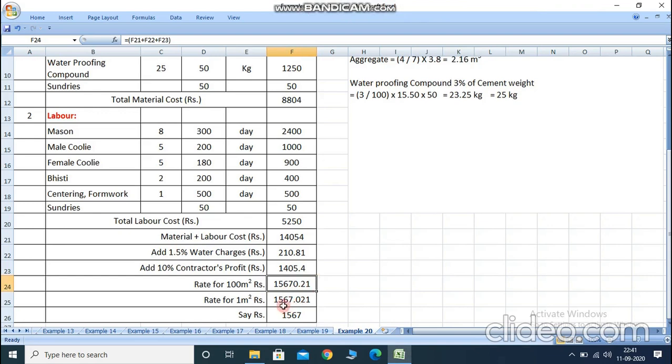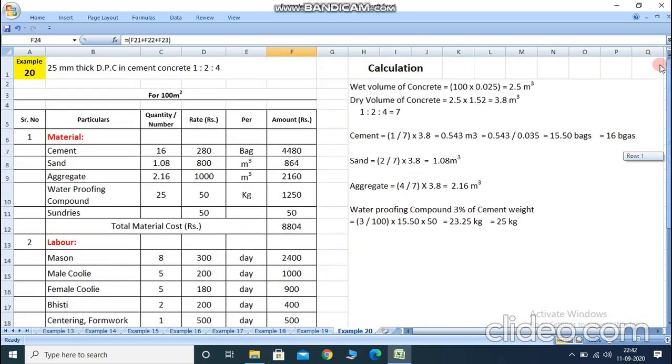So we got the answer 1,567 rupees 0.21 paisa. Now rounding up, we take 1,567 rupees as the total per meter square rate of 25 mm thick DPC cement concrete 1:2:4 ratio. Here we complete our rate analysis chapter, and all the different types of examples are covered in this Excel sheet. Thank you.